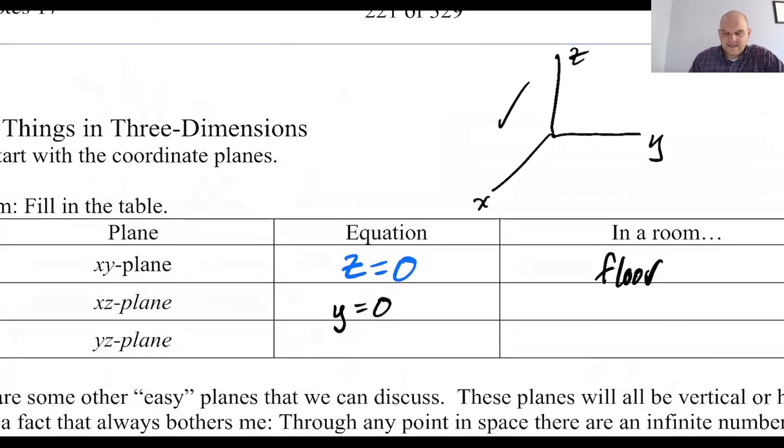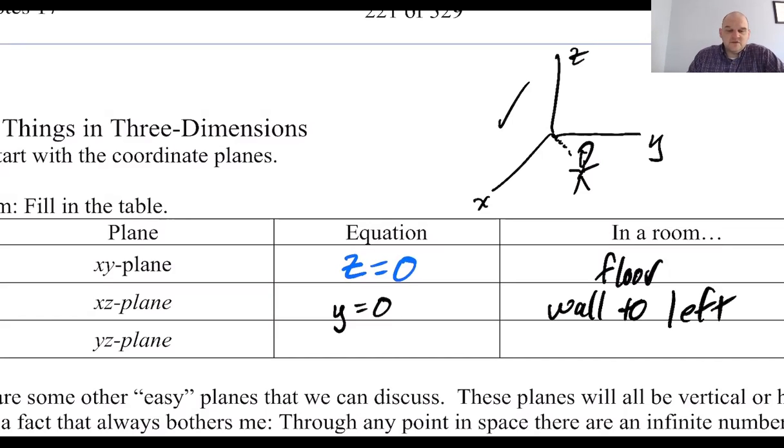This right here is the xz plane. But remember, you're standing here and you're looking there, so this is actually going to be to the left. This is the wall to the left. If you're in a standard room that has walls, it'll be the wall on your left.